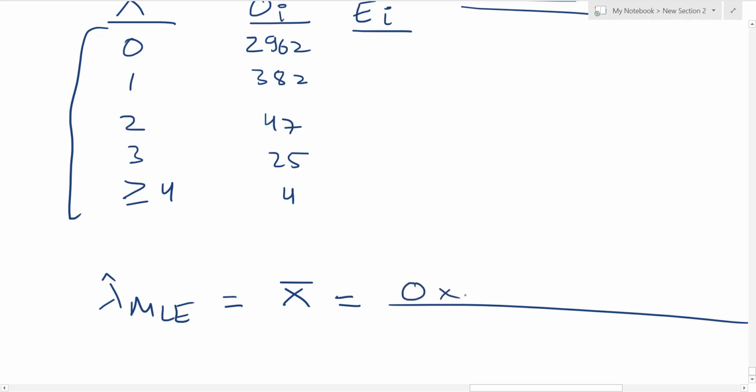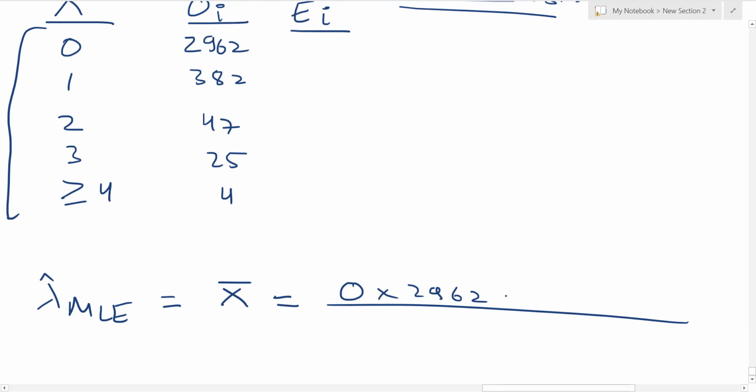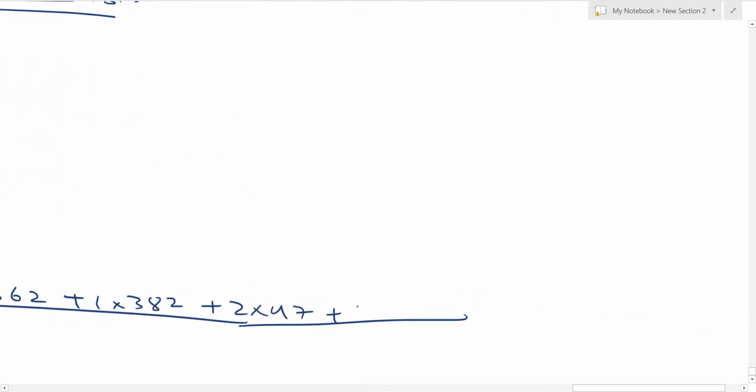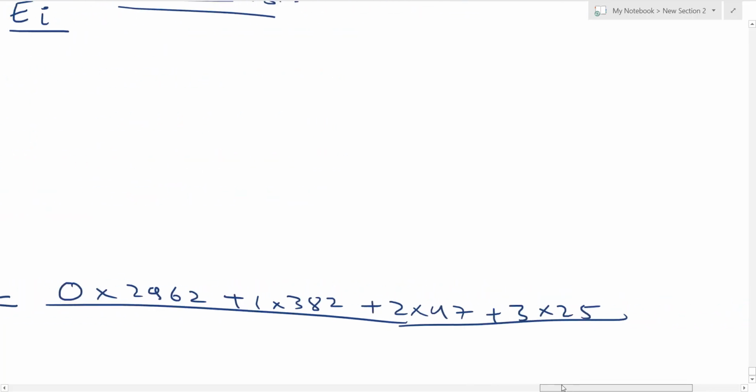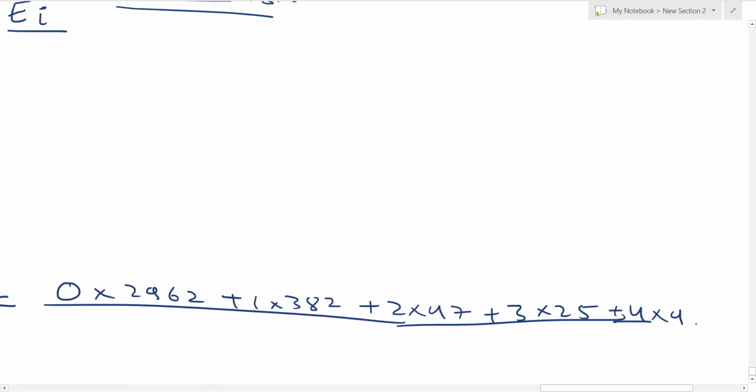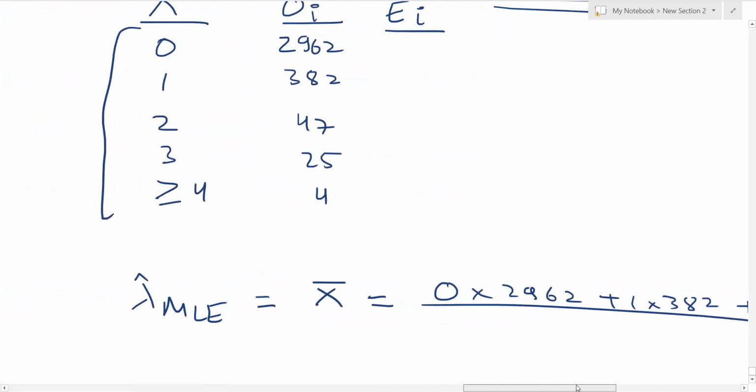So 0 into 2962 plus 1 into 382 plus 2 into 147 plus 3 into 25 plus 4 into 4. I'll consider these to be 4, not greater than or equal to 4. I have no option here. Divided by the total of these observed frequencies.